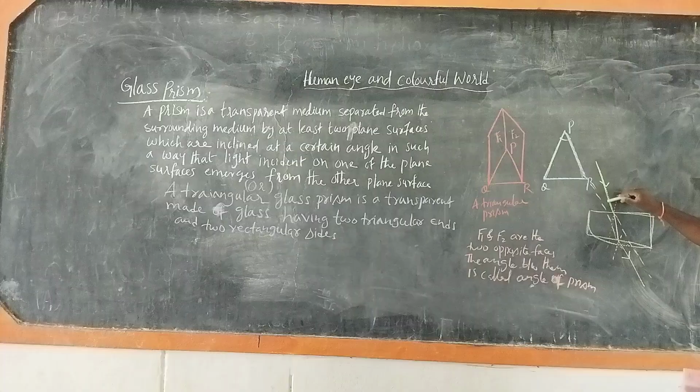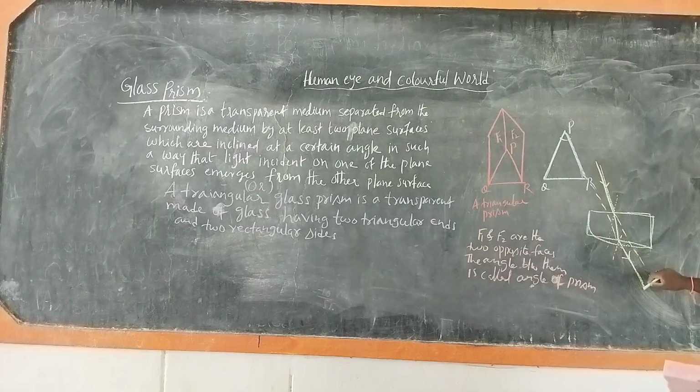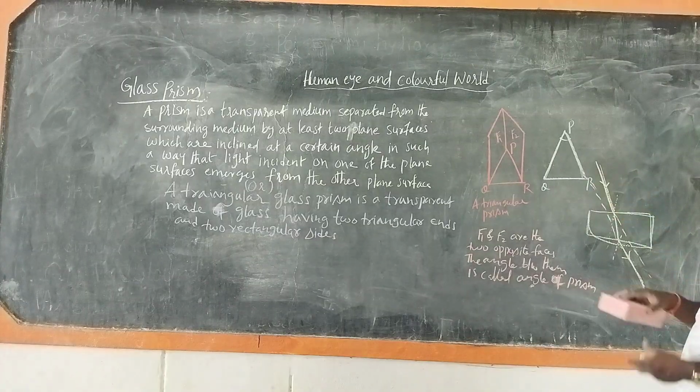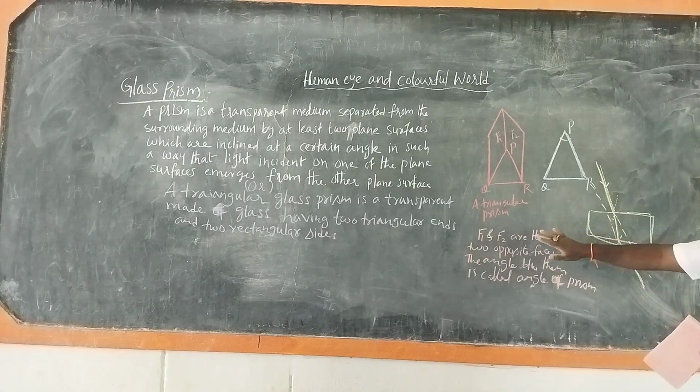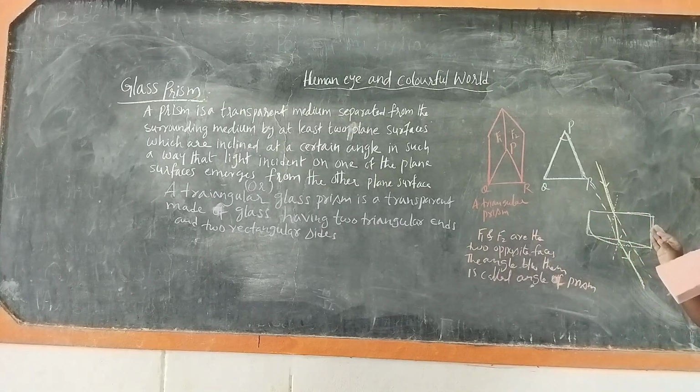So the light ray is incident here, refracted, and again comes out from the other side, opposite to the first one. But in a glass prism, the opposite faces are not parallel, so the incident ray and the emergent ray are not parallel to each other.